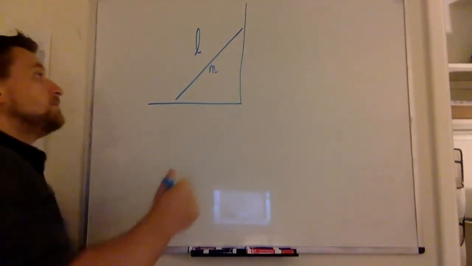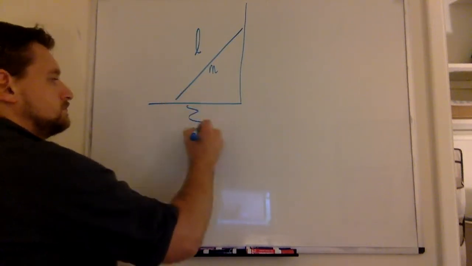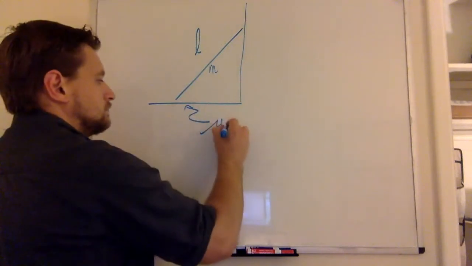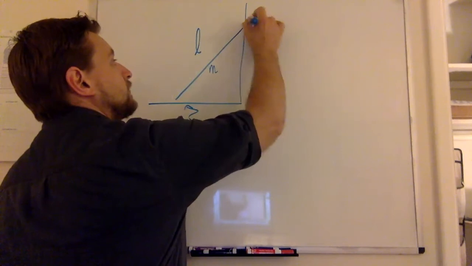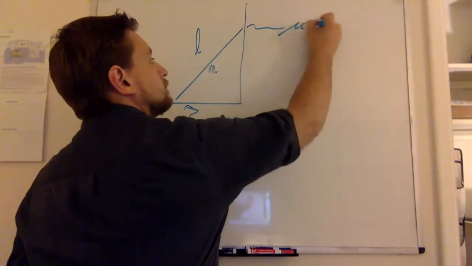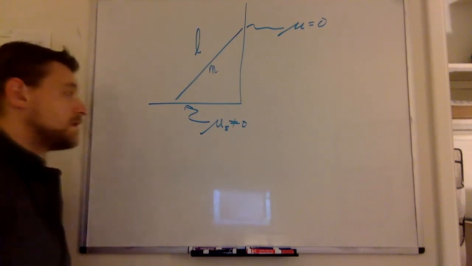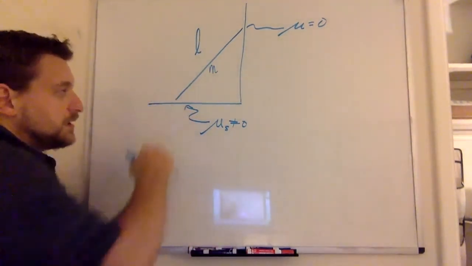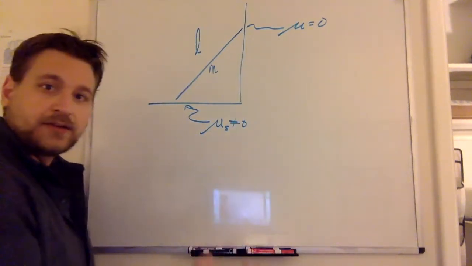And let's assume that the floor is frictional, but that the wall is frictionless. Maybe because we've amped up the friction at the bottom by putting rubber feet on the bottom of the ladder or something.